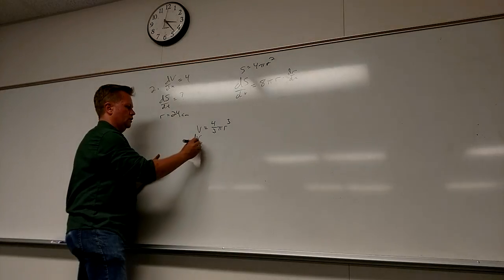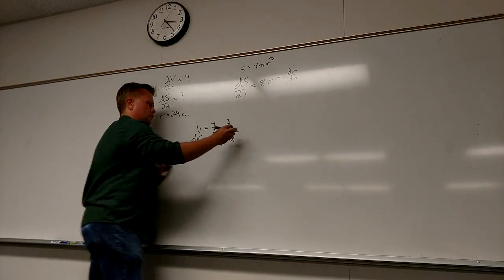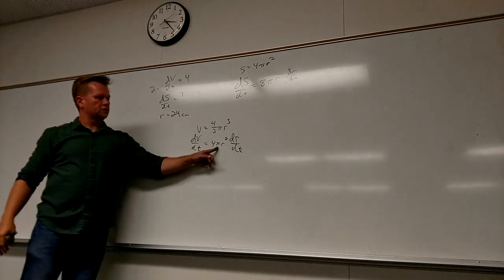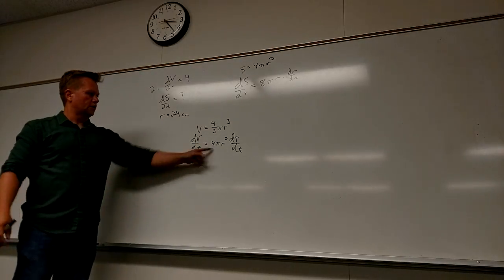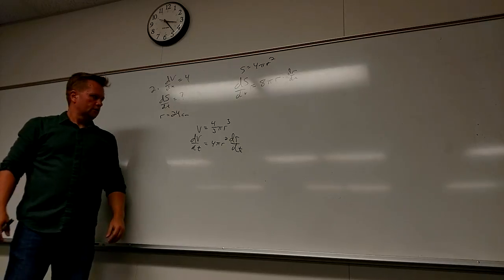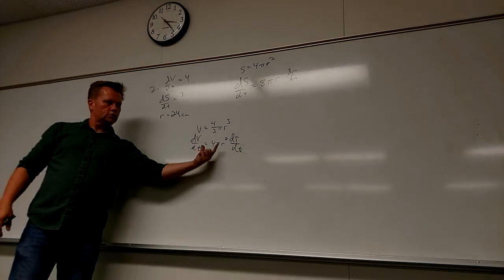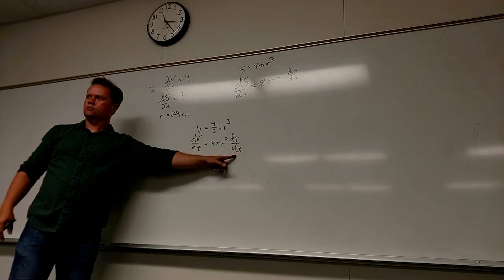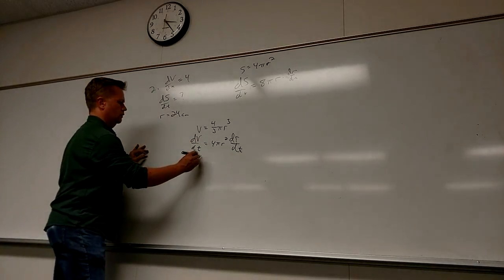dV/dt equals surface area times dr/dt. Now, one thing to notice about this that's interesting, that's S there, right? So can you solve for dr/dt now? Do we have everything we need? We know dV/dt, yes, 4.